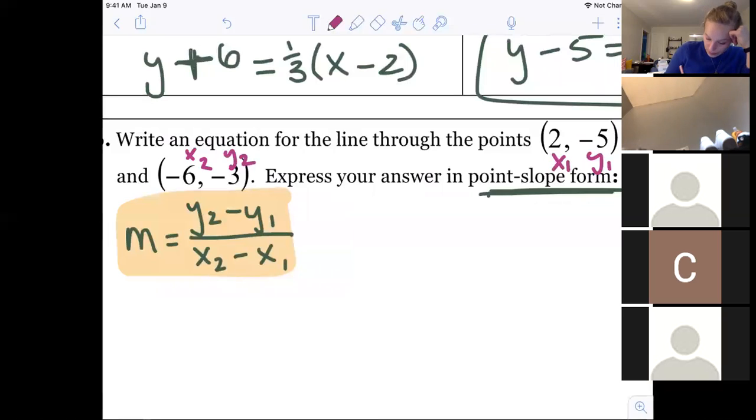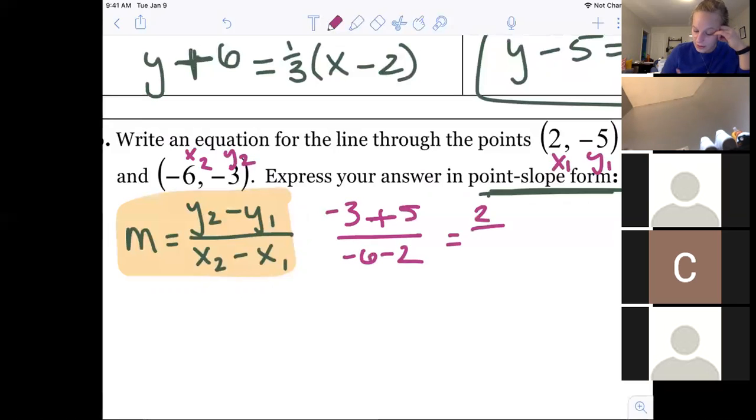So I'm going to do -3 minus -5 over -6 minus 2. I know minus and negative becomes plus, so the numerator is 2, and the denominator is going to be -8. 2 over -8, though, can be simplified to -1/4. And that's my new m.